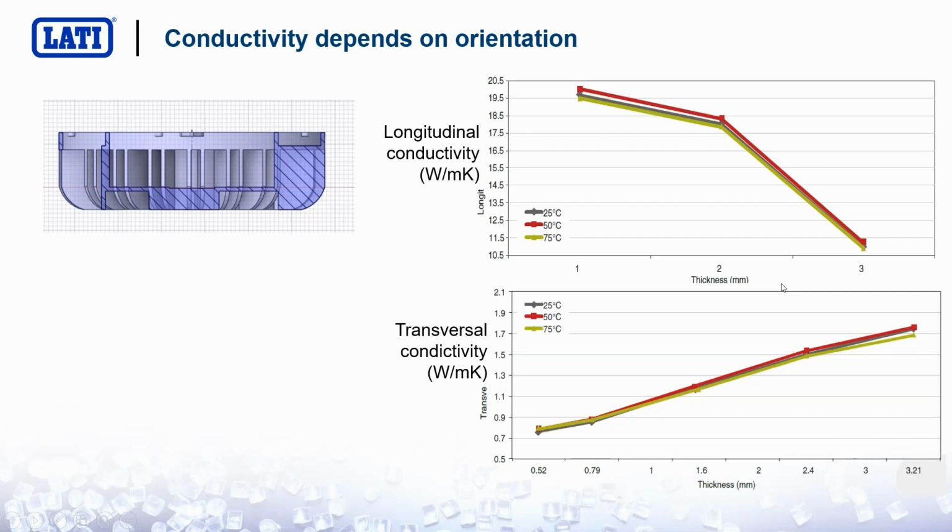This has a direct effect on the local conductivity of the material, because we know that the higher the orientation, the higher the longitudinal conductivity, and the lower the transversal conductivity. As soon as the thickness increases, the longitudinal conductivity decreases, but the transversal conductivity increases.